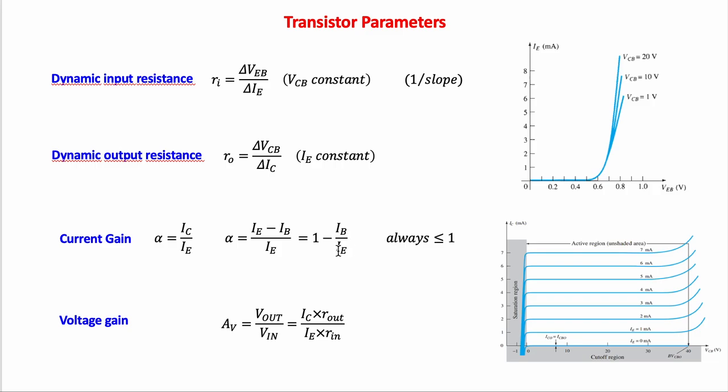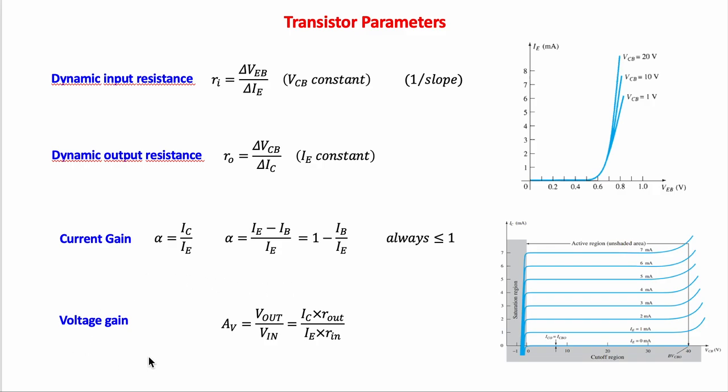Whatever IB over IE is, it is definitely smaller than 1, because IE is much higher than IB. So 1 minus that value is definitely less than 1. We can tell that the current gain for a common base configuration is always below 1.